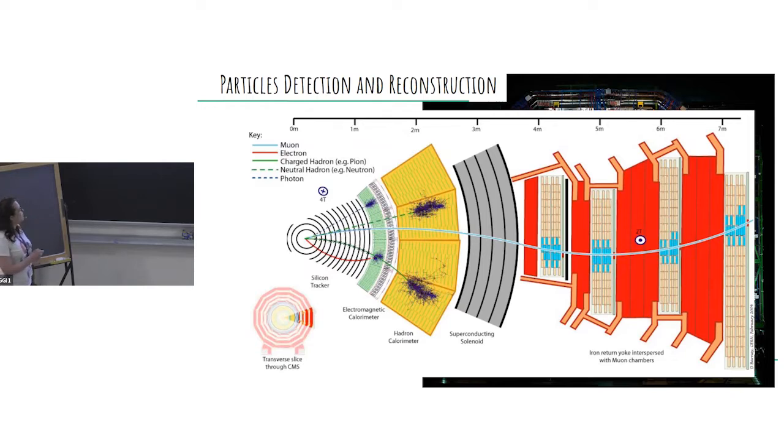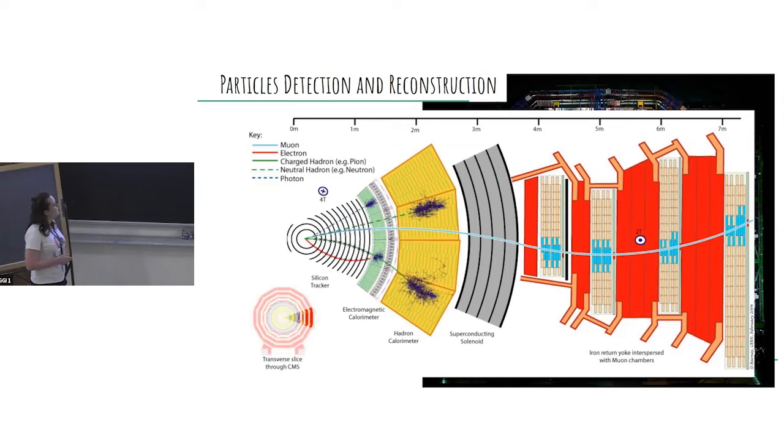Then outside of this, there is the superconducting solenoid, which is basically the heart of the CMS experiment. It is the 4 Tesla magnet that allows us to bend the charged particle trajectories, and so to perform measurements of their momentum.